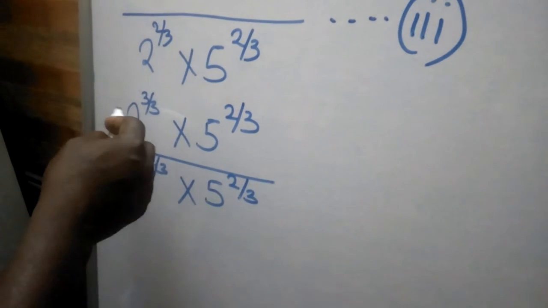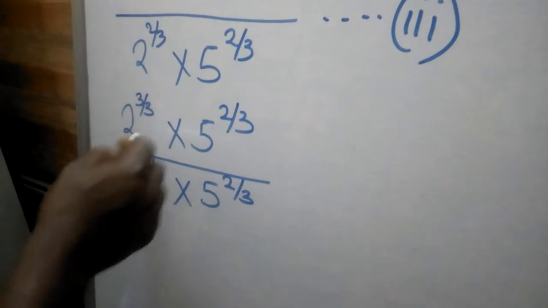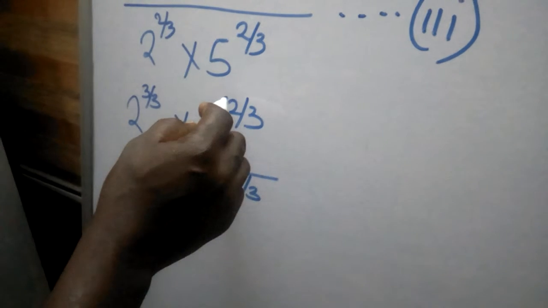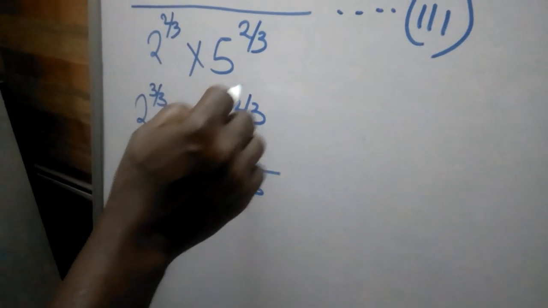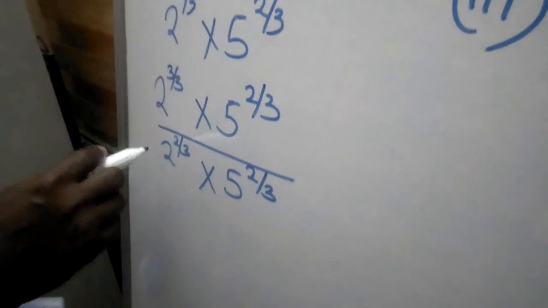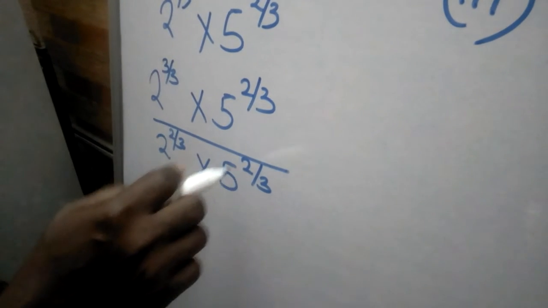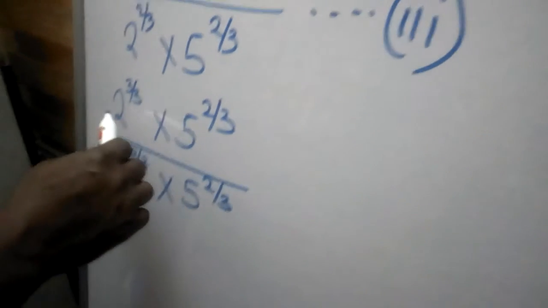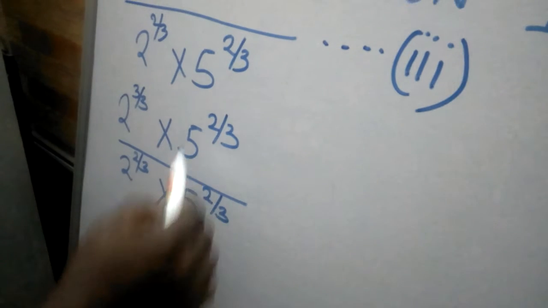Like here, we have 2 to the power of 3 over 3 times 5 to the power of 2 over root 3, all over 2 to the power of 2 over root 3 multiplied by 5 to the power of 2 over root 3. Now we have the same base. These are the bases. We have 2 here, we have 2 here. We have 5 here, we have 5 here.